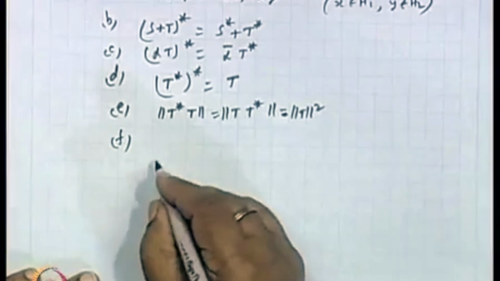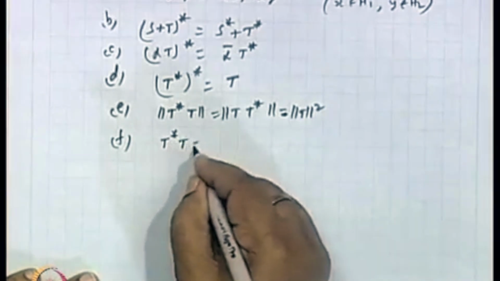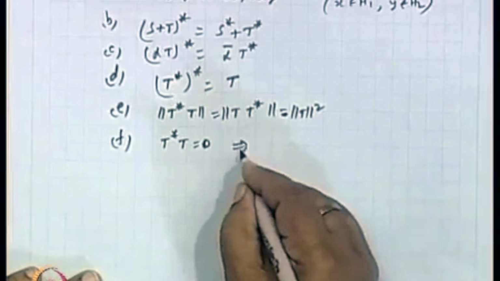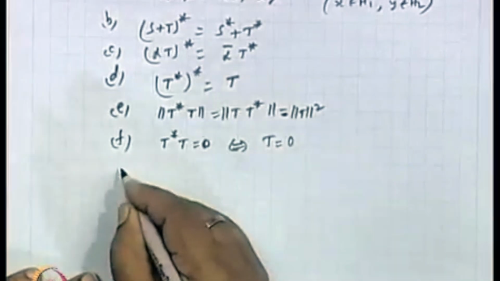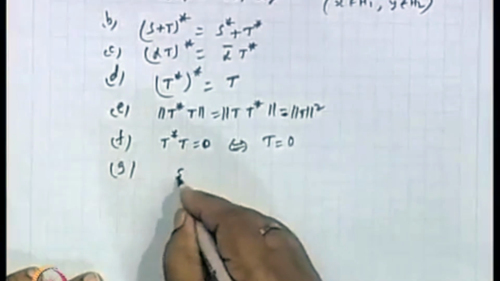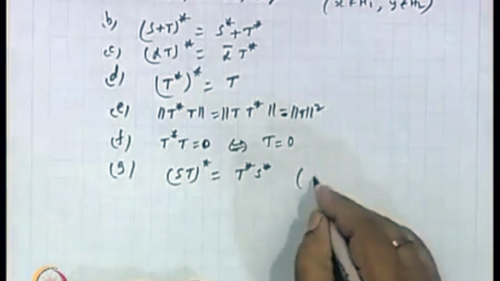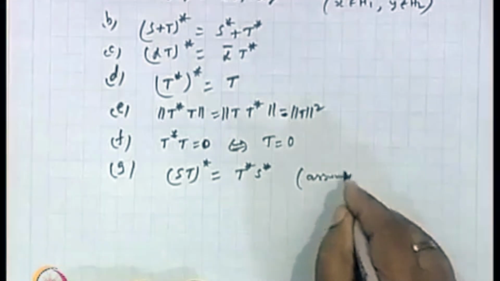Sixth, T star T equal to 0 if and only if T is equal to 0, and seventh, ST star is equal to T star S star, assuming that H2 equals H1. Here we assume H2 equals H1, because otherwise this product is not well defined. Okay. So these are the properties that follow.